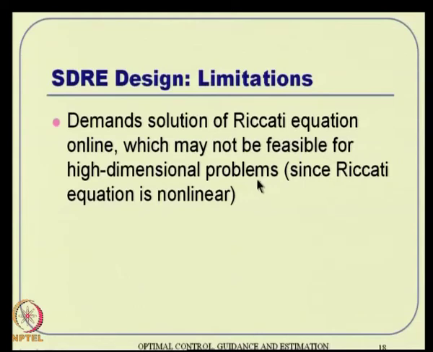If you have 2 states, very much okay, 5 states, very much fine, 10 or 20 states, okay, but at 50 states you start worrying. It all depends on the time constant of the process. But if you have a high dimensional problem, something like 1000 states, 2000 states, 50,000 states, then obviously it is not possible. So, for flexible system dynamics, or infinite dimensional systems when truncated to, let us say, 1000 states, it is not possible to use the SDRE technique online.